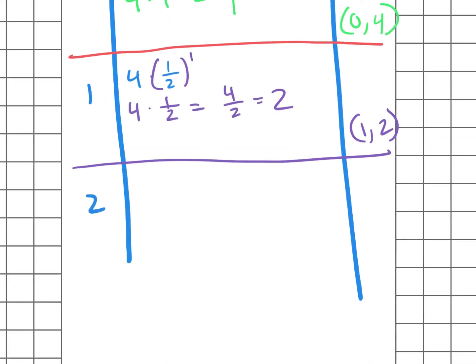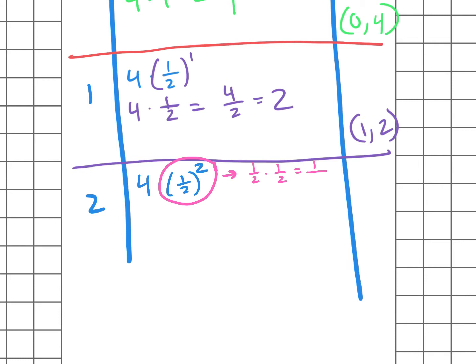And then lastly, I plug in 2. So I have 4 times 1/2 to the power of 2. What is 1/2 to the power of 2? 1/4. Remember, this is 1/2 times 1/2. When multiplying fractions, you multiply the tops together, so 1 times 1 is 1, sorry.